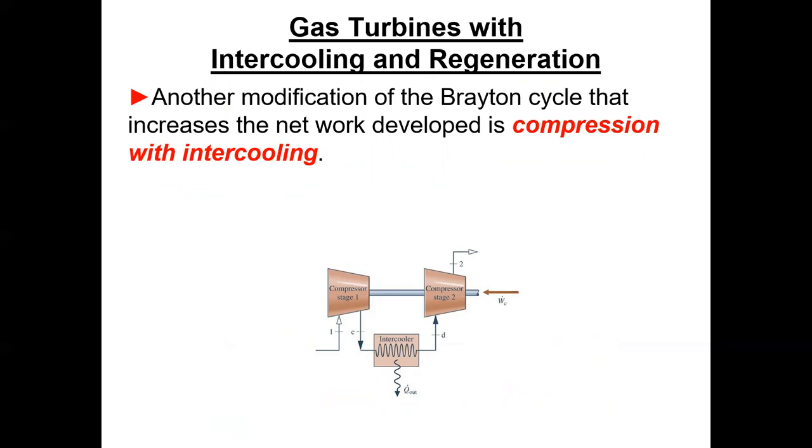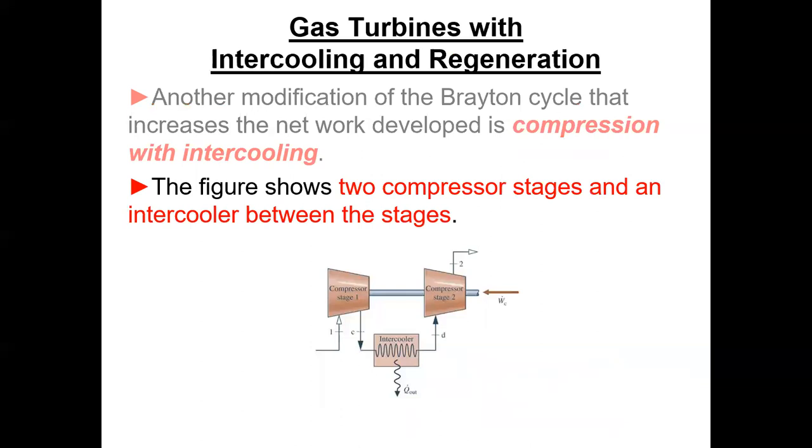Better air compressors that want more efficiency, whatever the pressure range, will take half of it, come out of that first portion, cool the gas down, and then go into the second stage. So as we do this intercooling, we increase the efficiency of the compression process.